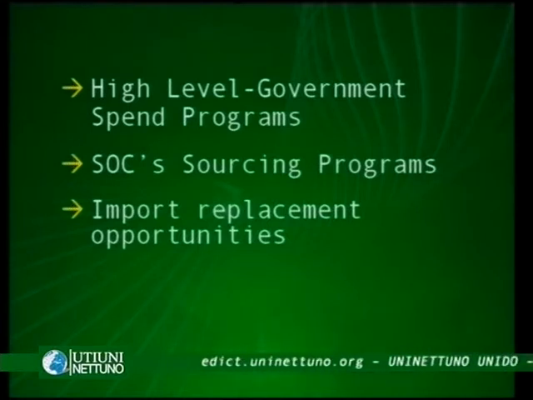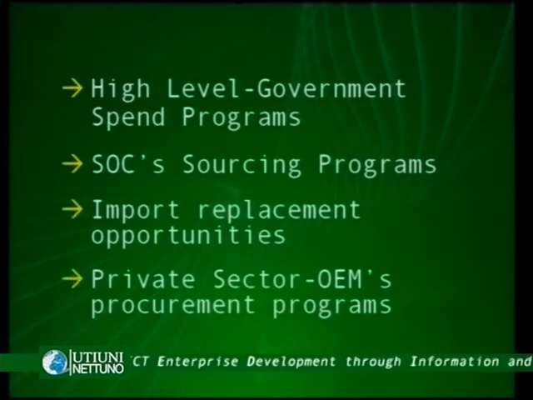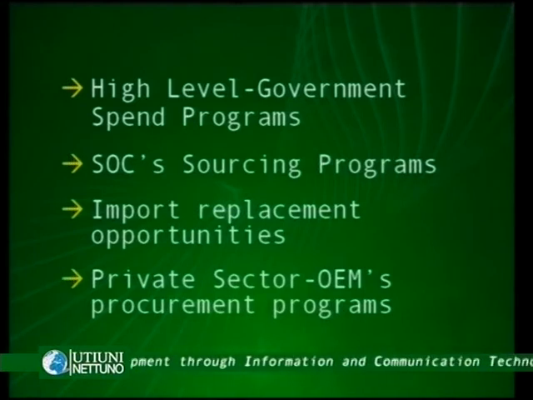Import replacement opportunities, huge in many countries. People sometimes think they cannot do things locally. There's a lot of imports that could be replaced with the help of the SPX. Private sector OEMs procurement program. The OEMs are the first tiers, or for that matter, private contractors. As we said, these are huge opportunities that could be acquired.